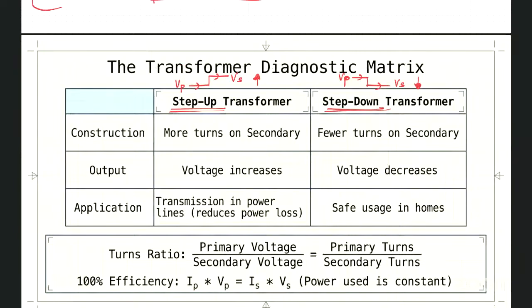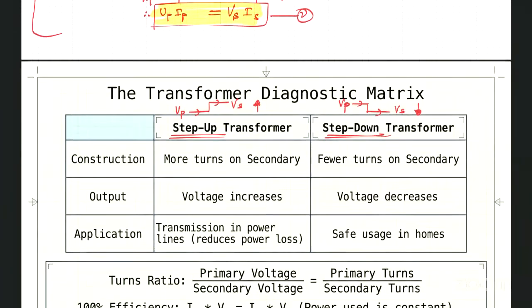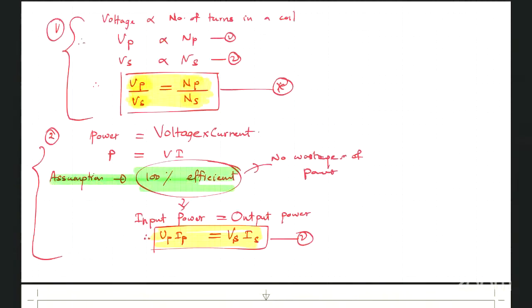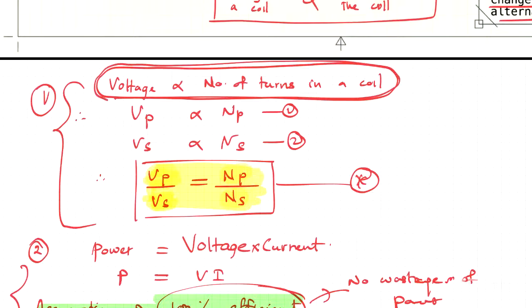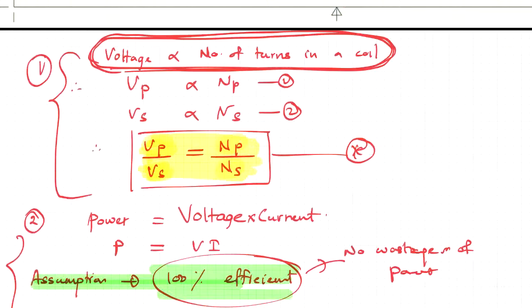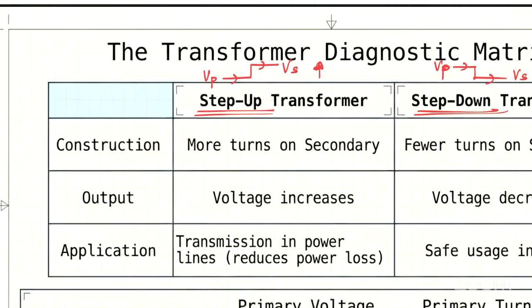Then the construction type: the number of turns on the secondary. As I mentioned, the voltage is directly proportional to the number of turns in a coil. So if you need a higher voltage, you need a higher number of turns as well, so more turns on the secondary.